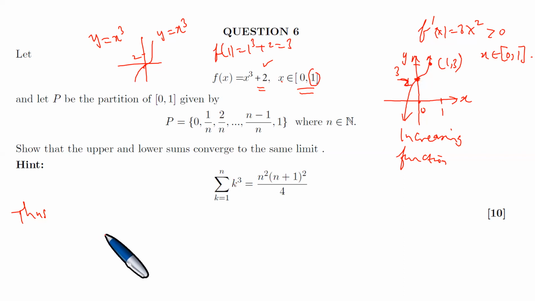We have two things that are very important. The partition is already there, so no worries there. You'd require the two m's. What is the biggest value of the function? What is the smallest value of the function?